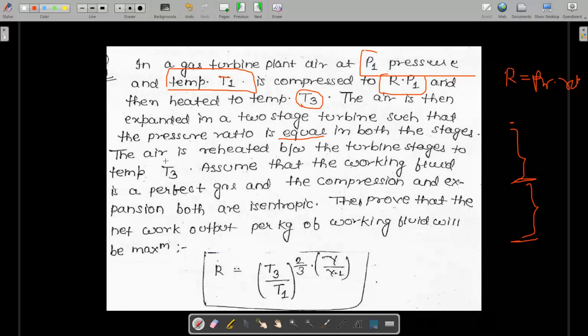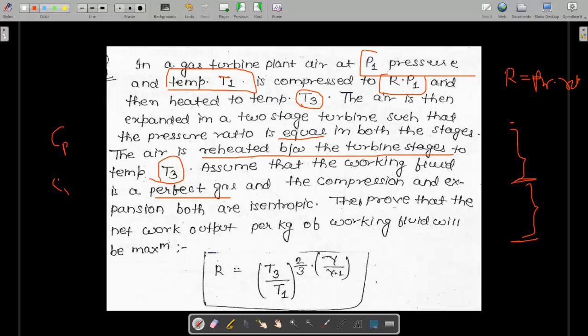The air is reheated between the turbine stages, again to temperature T3. Assume that the working fluid is a perfect gas, so the Cp and Cv specific heat values will be constant and will not vary with temperature. The compression and expansion both are isentropic, that means there is no internal irreversibility.